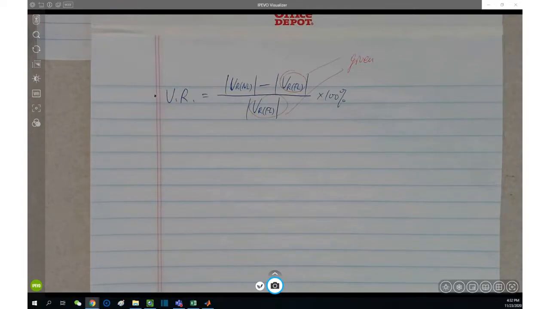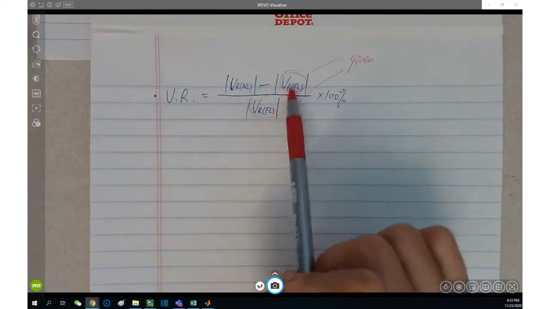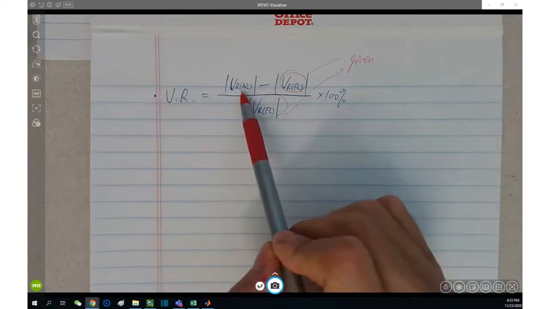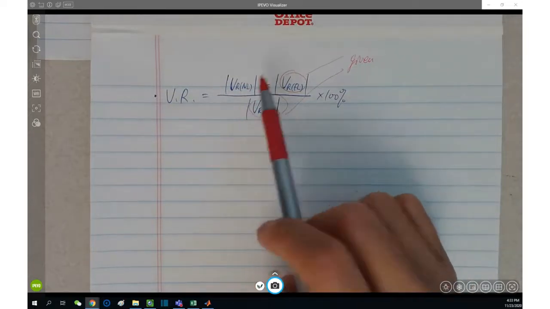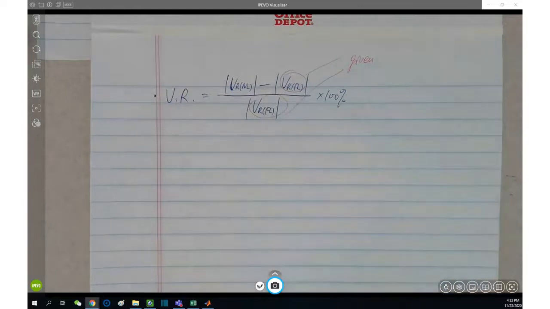In this equation, it doesn't matter, as long as you keep both the no load and the full load voltage uniform. In other words, if your no load voltage is line voltage, then your full load voltage needs to be line voltage too. Then when you do the division, the result remains the same as using the phase voltage.